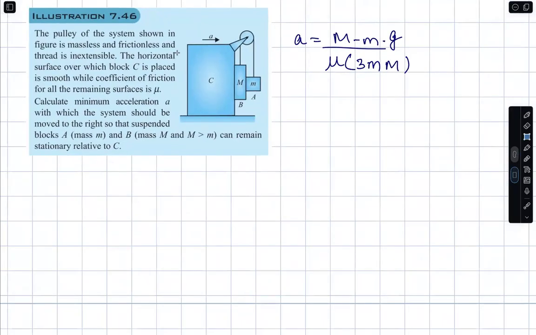Is that okay? Go through this question, everyone. See, when you are doing such questions, what is required is you must have the complete idea of each and every possible force on every possible entity of the system.